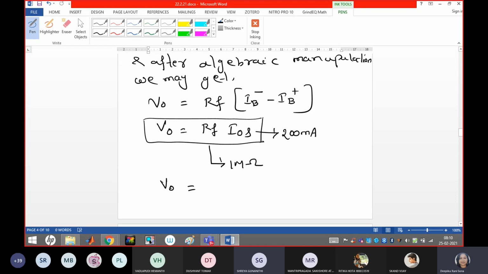Yeah, what should be the value of V0? 200 milliamp, no. 0.2 mega ohm. 0.2 Megavolt, or 200 millivolt.